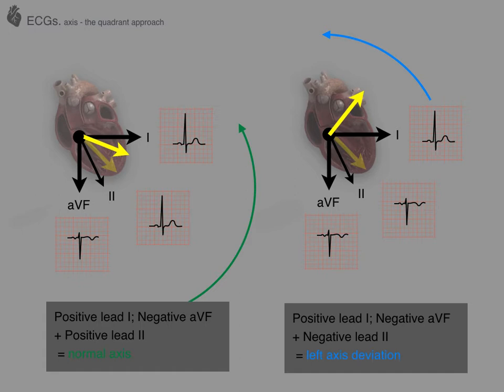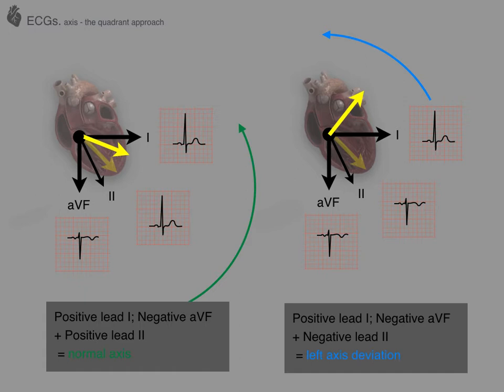If our complexes in both leads 1 and 2 are positive, we know that we're still sitting within that normal axis range, although it's probably shifted slightly further around to the left than in an ECG where you had a positive complex in both 1 and aVF.